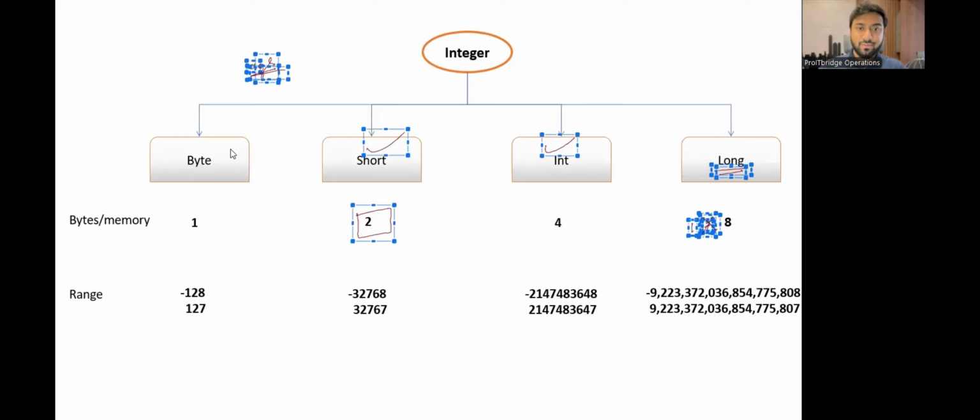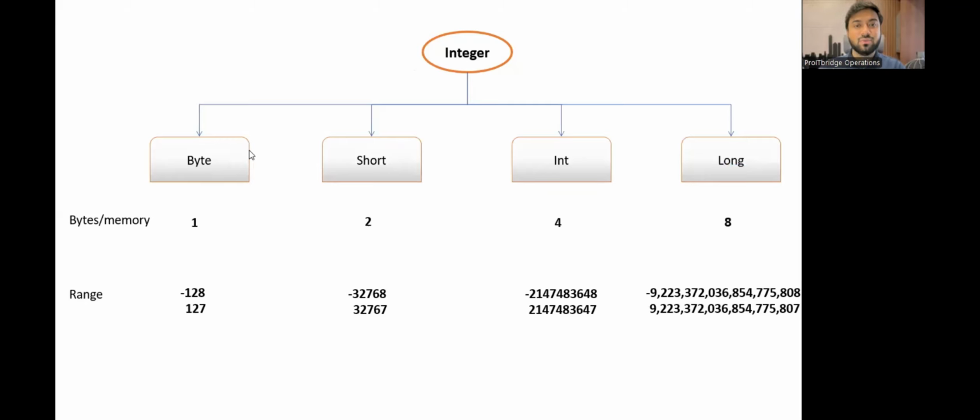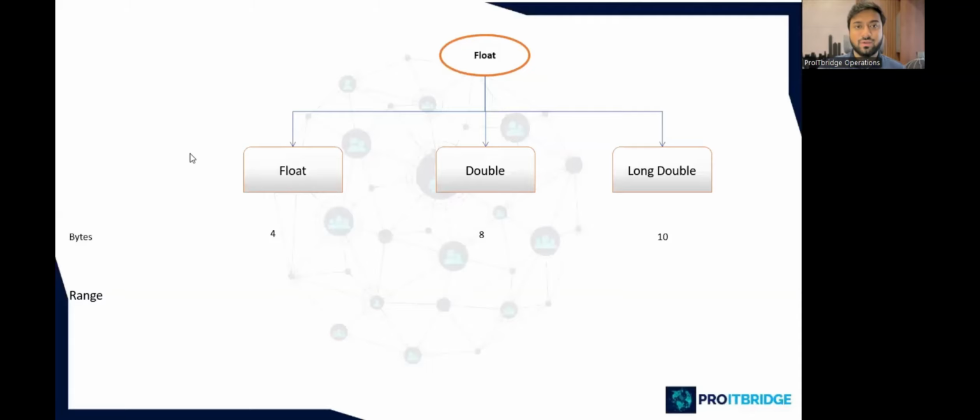That is the reason why we have further divisions. In float also we have some divisions. It has float, double, long double. It will take care of this internally. You just need to assign.